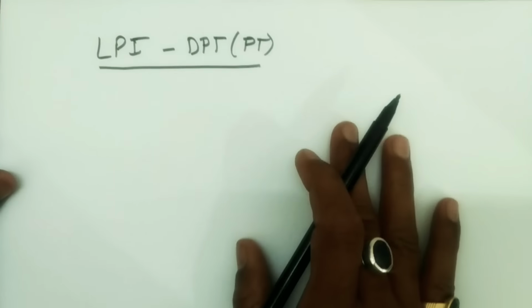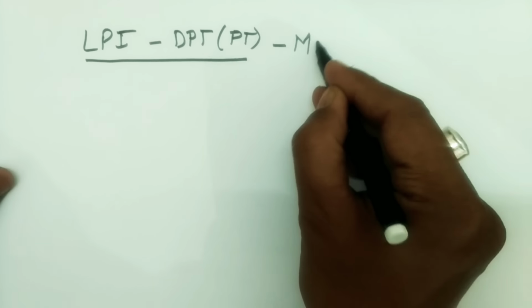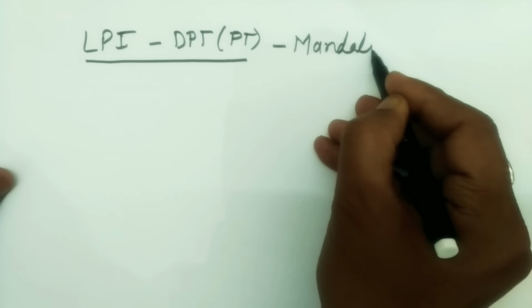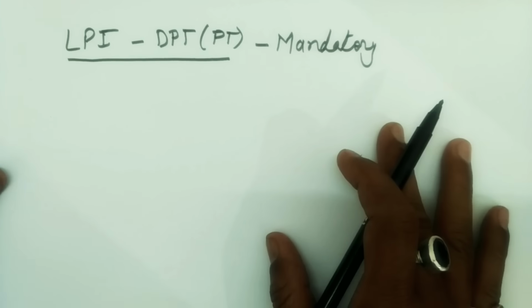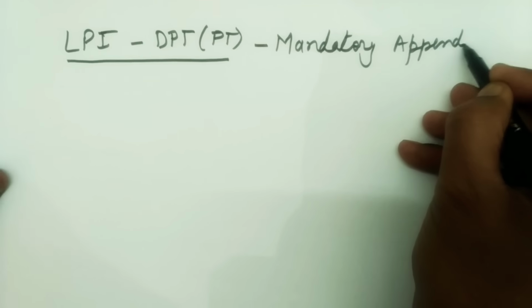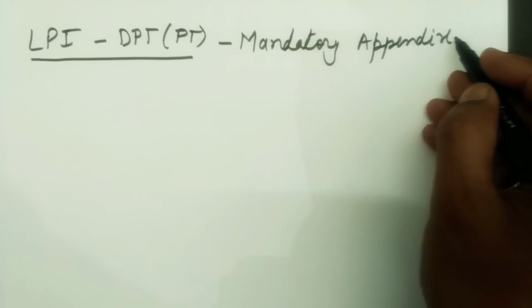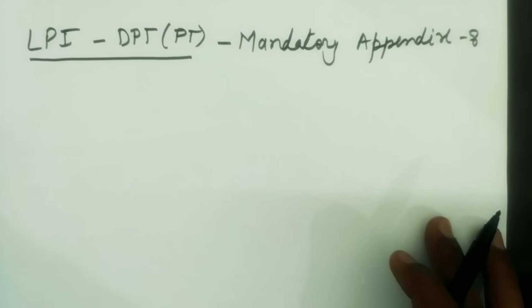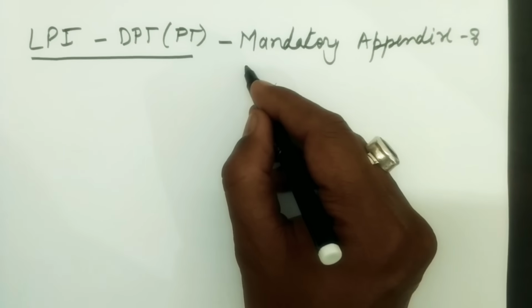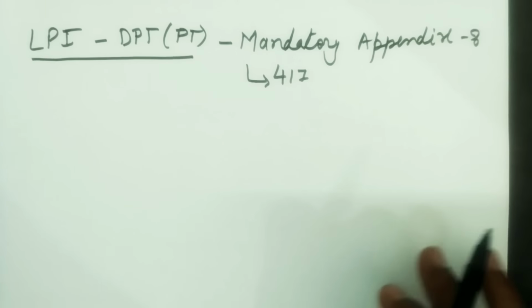Acceptance criteria for DPT can be found in mandatory appendix 8, and this can be found on page number 417.